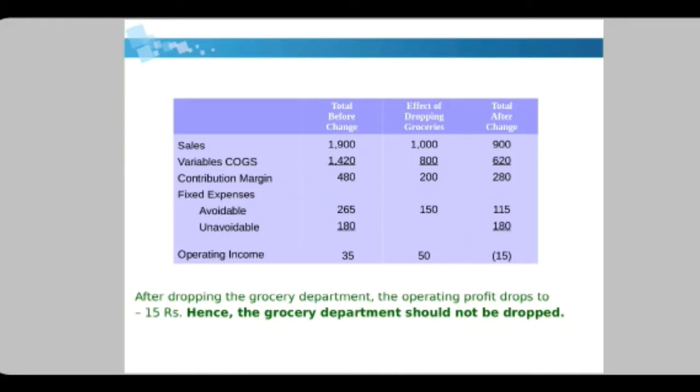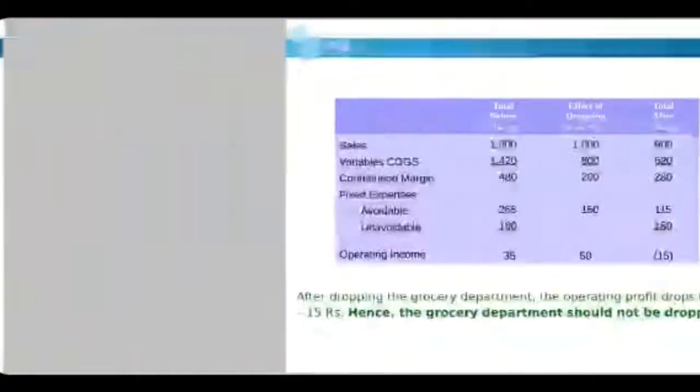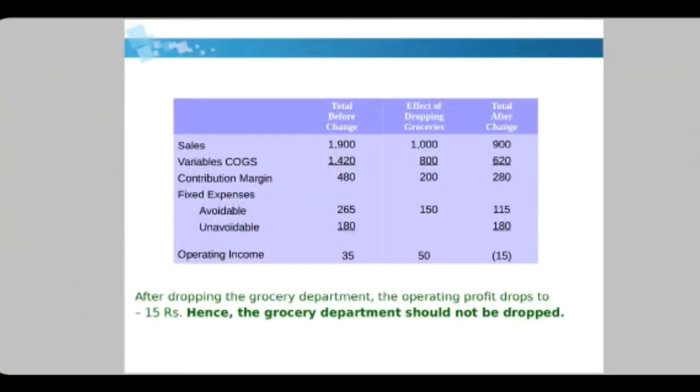Now operating income before dropping the groceries department: contribution margin was 480, the total fixed expense is 445, so 480 minus 445, it was 35 in total. If you drop the groceries department, your operating income becomes minus 15, right?